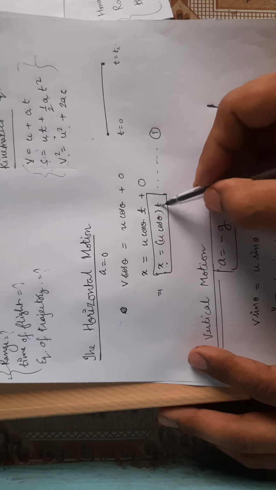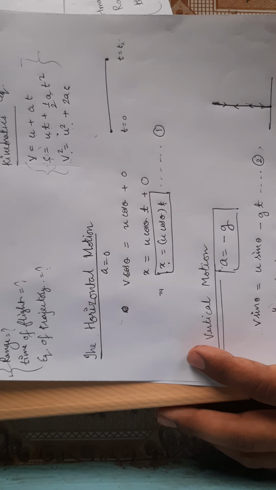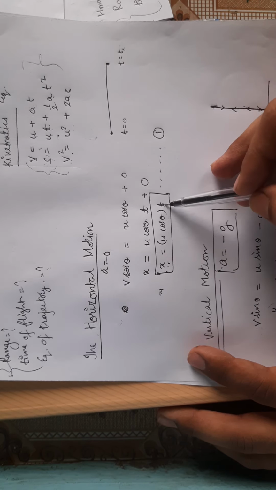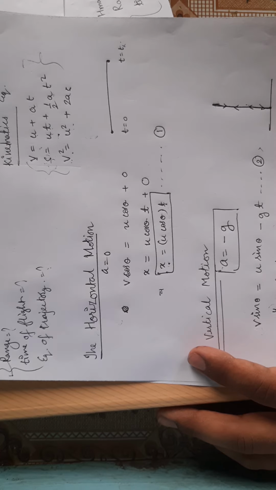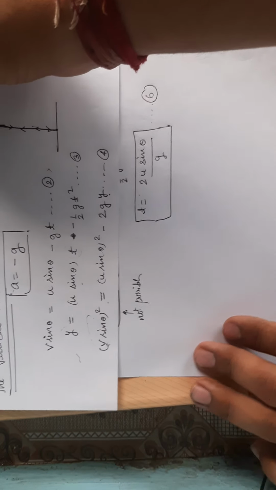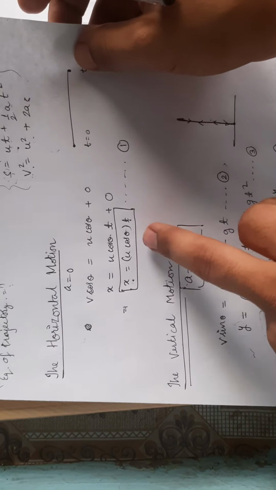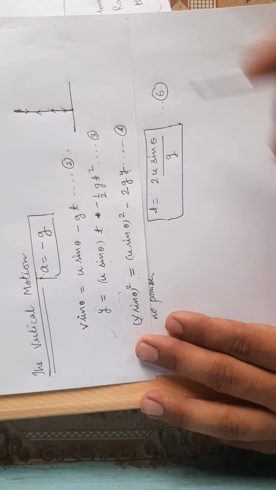Here if we know t, we can find out x. If t is the total time of the journey, that is the time of flight, then x will give us the range of the motion. So on putting the value of t from the last equation we derived into equation 1, we can find out the range.